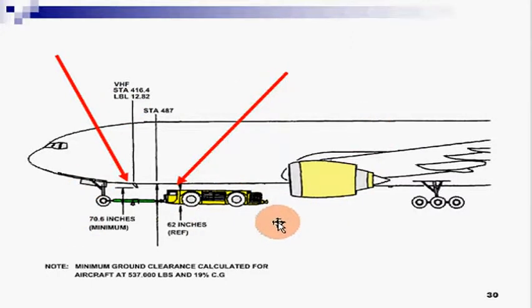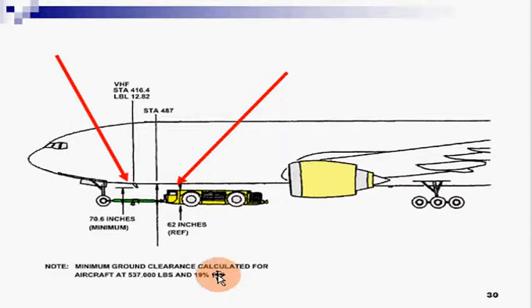In this picture, you can see that a tug is attached to the nose wheel of the aircraft, and a note is written about the minimum ground clearance calculated for the aircraft at 537.00 pounds and 19% from the CG.